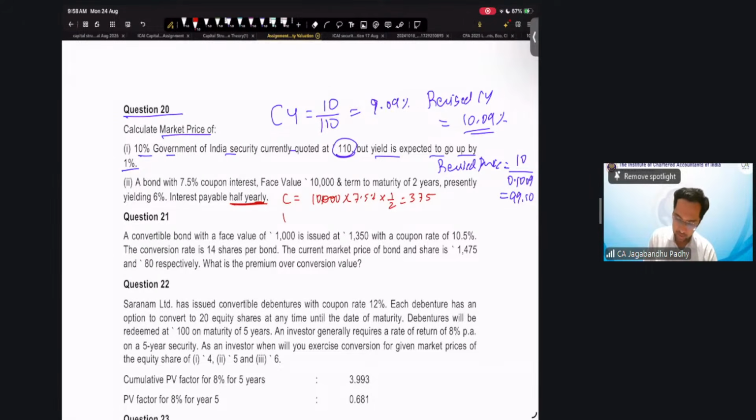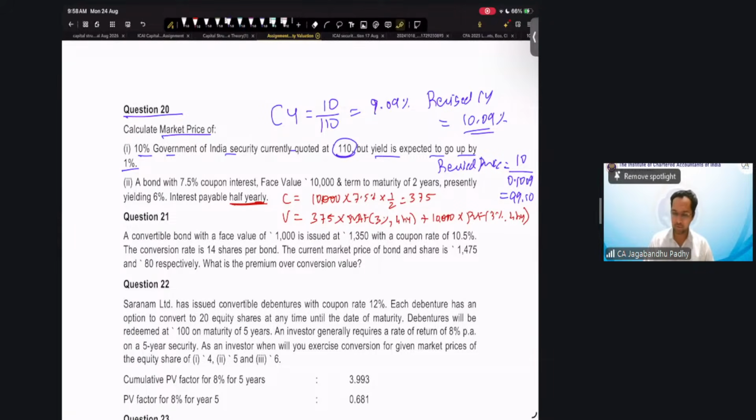And we can get the value of the bond as 375 multiplied by the present value annuity factor at 3%. Remember, the yield is 6%, which is per annum. So we take the present value annuity factor at 3% for 4 half years. Also 10,000 into the present value factor at 3% for 4 half years.